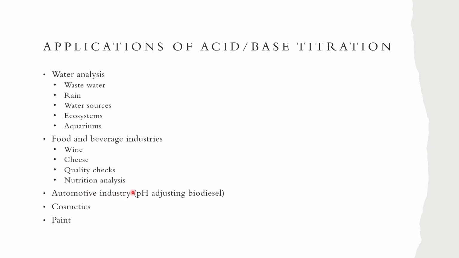Within the automotive industry, if we're looking at producing biodiesel, there actually has to be a pH adjusting step. So we can take the biodiesel sample, do some acid-base titration to figure out what the pH of the sample is, and then from there adjust it accordingly so that that biodiesel can be used in vehicles. We can also be doing some quality checks for cosmetics and paint as well.